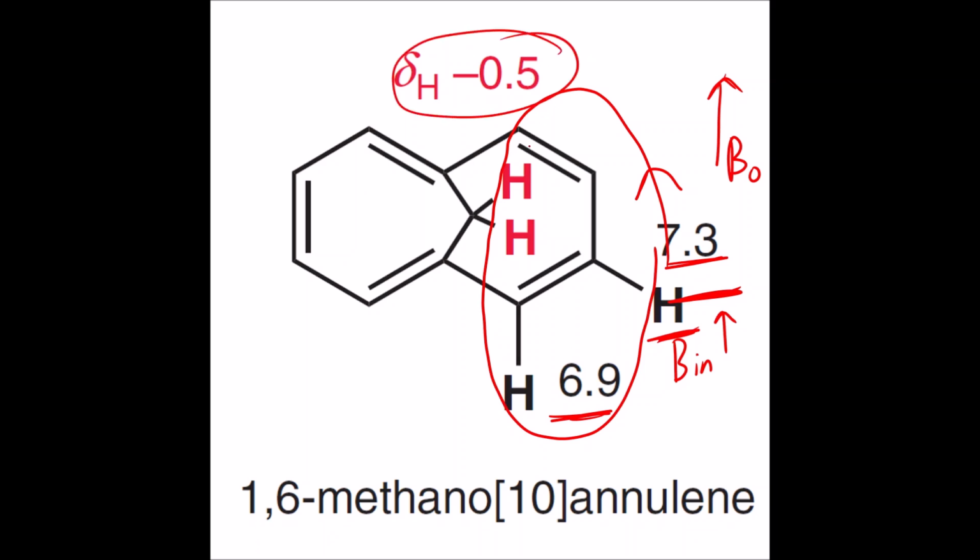Whereas for the inner protons, the red ones, the direction is opposite. So in this way you can determine the chemical shift values of these certain systems based on diamagnetic anisotropy.